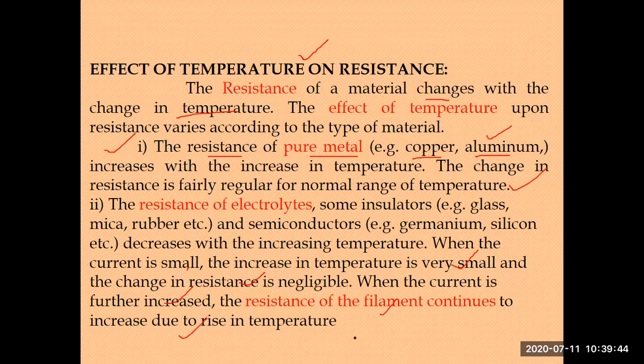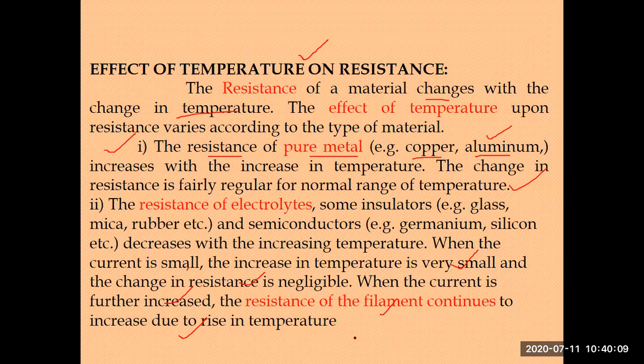And what happens? Let's understand this phenomenon. Why does the increase of temperature increase the resistance of a conductor? With the increase of temperature, the vibration of molecules increases, and with the increase in vibration of the molecules or atoms, the collision of the electrons with the vibrating atoms or molecules increases.